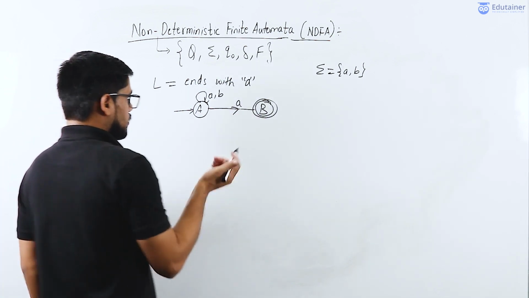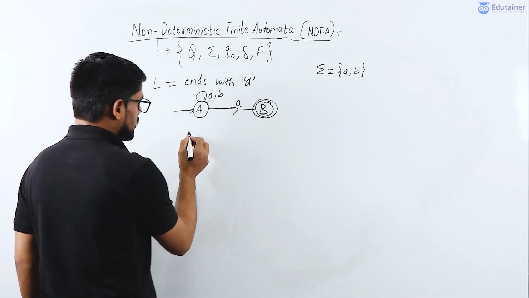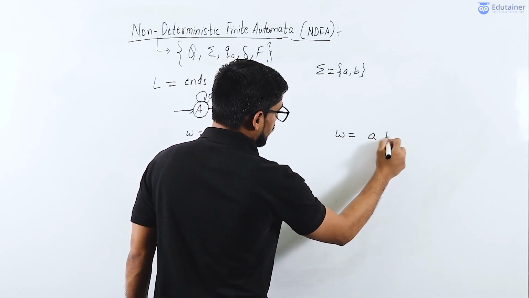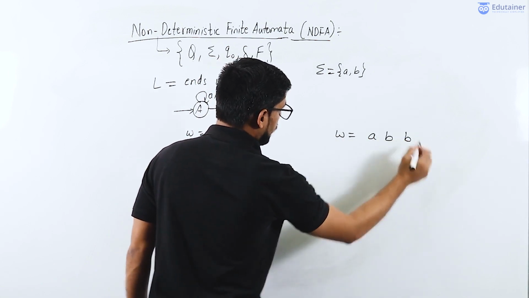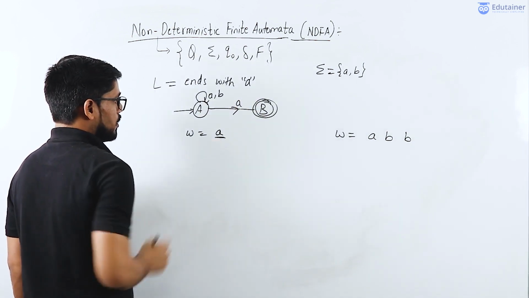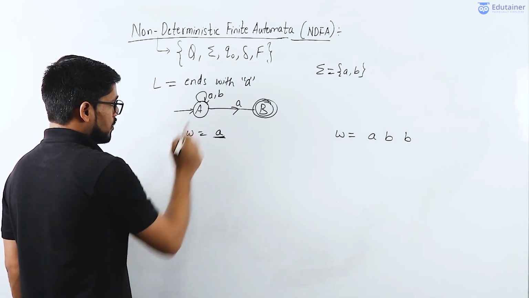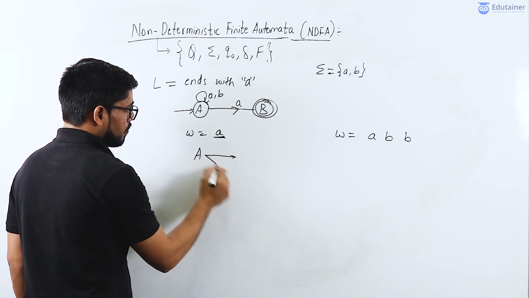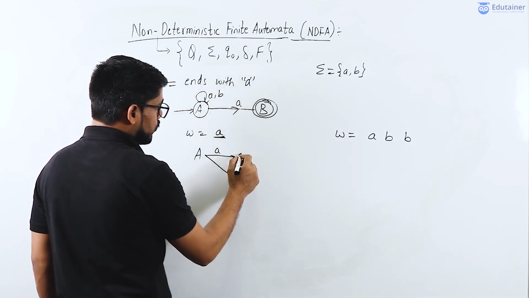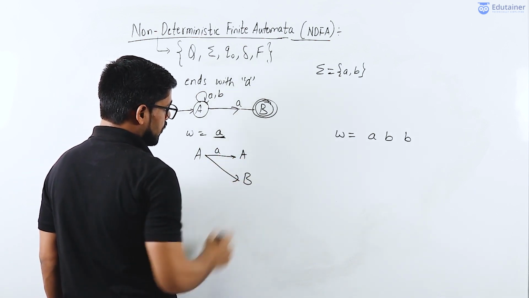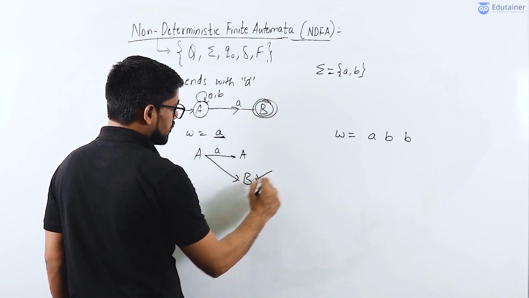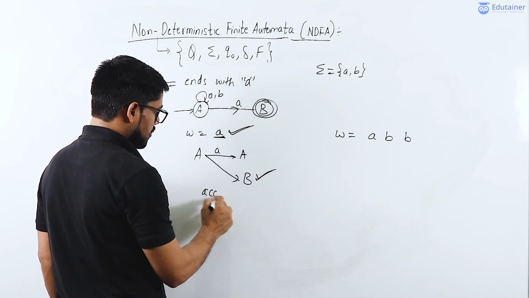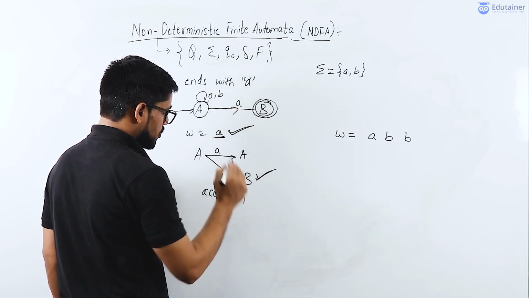Let's say I take the string A B A. If you trace this string on the transition diagram, capital A seeing A will go to two states, capital A and capital B, and you already know that capital B is the final state. That means this string is accepted by our non-deterministic machine.